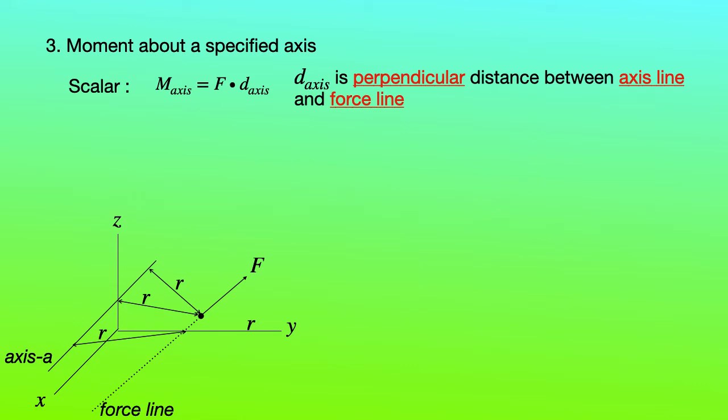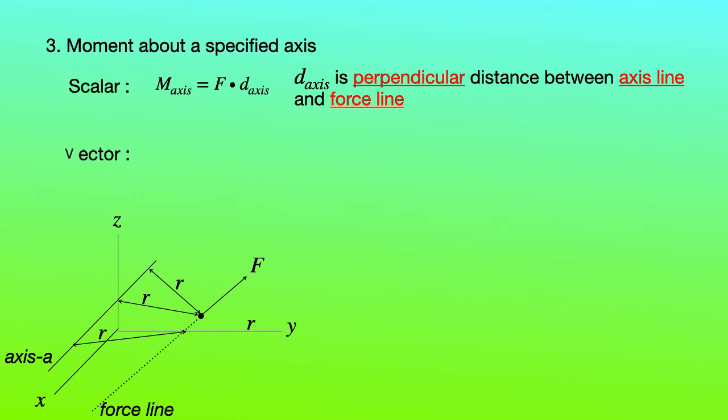Then we can define the moment about a specific axis. Again, the rotation axis, the line of force, and the distance must be perpendicular to each other, so we can view this system in 3 dimensions. So this is the scalar approach.